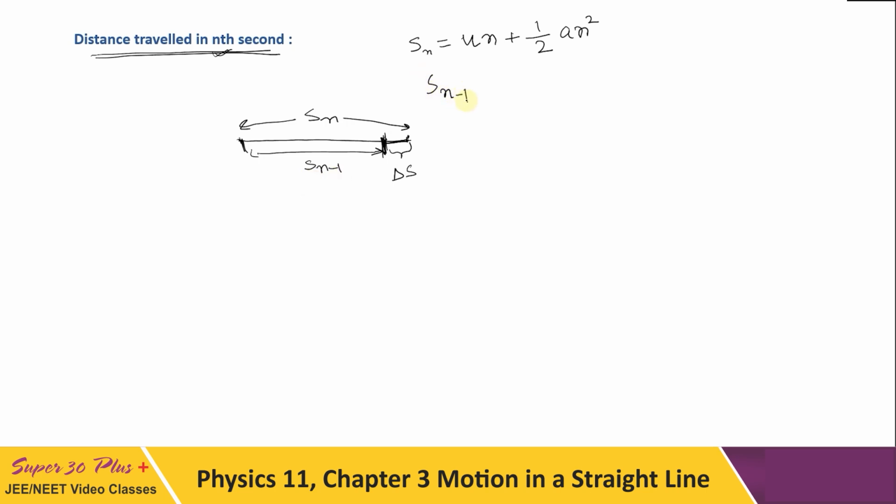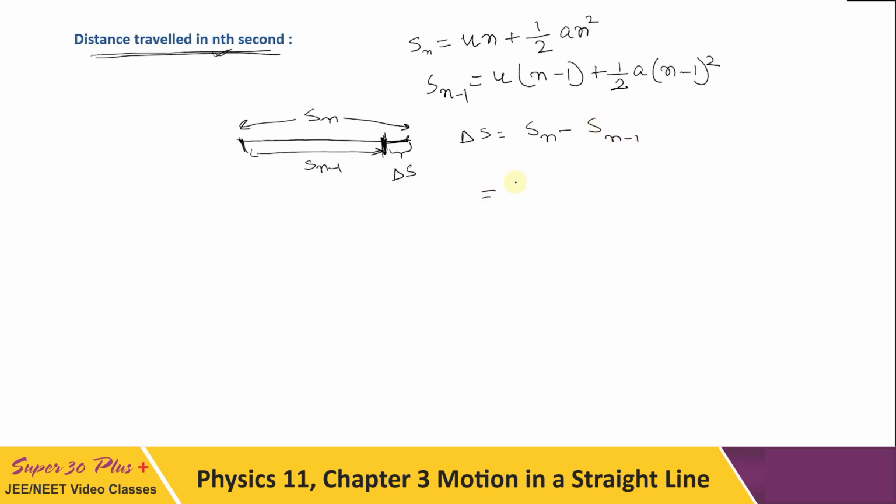Next is Sn minus 1. It has to be written as u, now the time for journey has become n minus 1. So this is u into n minus 1 plus half a square of n minus 1. Now to get delta s, it will be Sn minus Sn minus 1.